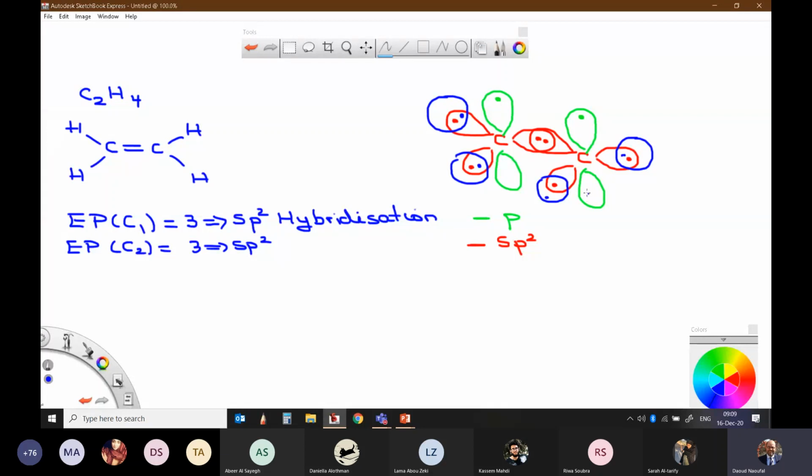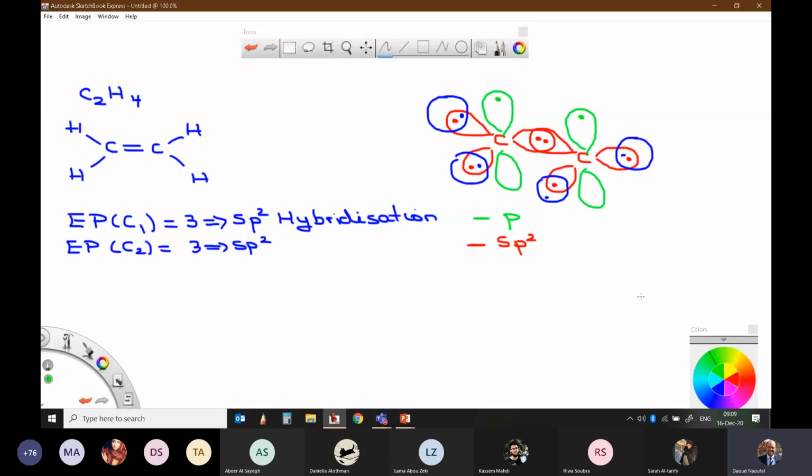So now count the electrons around the carbon. 2, 4, 6, 7. So the carbon needs to do another bond. For the second carbon, we have also 7 electrons. So this carbon should do another bond.